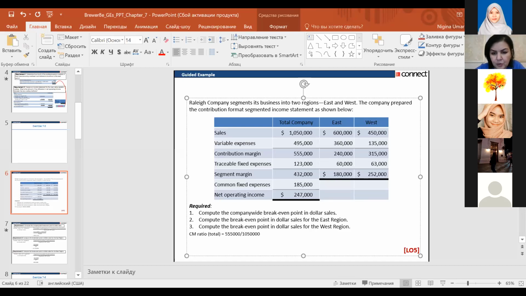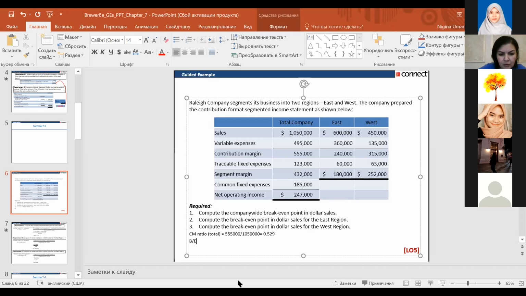So what is the contribution margin ratio? Let's divide by 1,050,000. Let's say the contribution margin ratio is 0.529. Let's round it. Okay, and now let's calculate break-even.